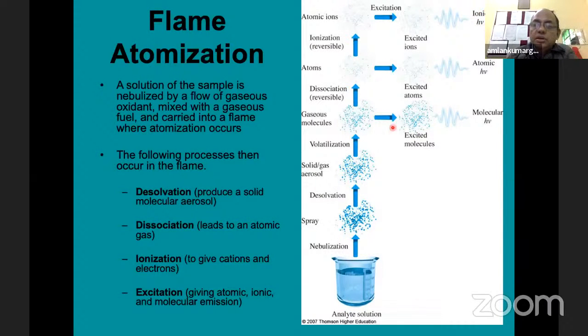So you see, depending upon temperature, lower temperature gives molecular excitation, higher temperature atomic excitation, and at still higher temperature, ionic excitation. So this is where the ICP works, and this is where the flame photometer and the atomic absorption spectrophotometer work. So this range.